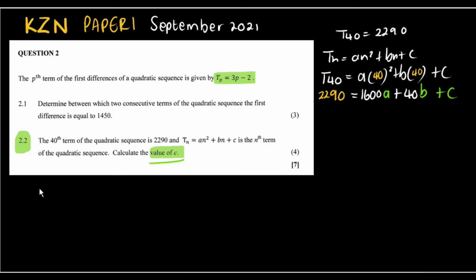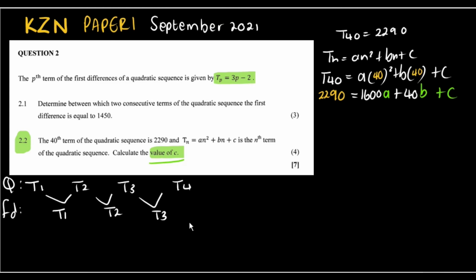Remember that our quadratic pattern basically looks like this. We have the quadratic, I'm just going to call that Q. That's term 1, and we have term 2, 3, and 4. And then we also have our first difference, which we find by subtracting these terms. That will give us term 1 again, then term 2 and term 3. And then we have our second difference, which is a constant difference.